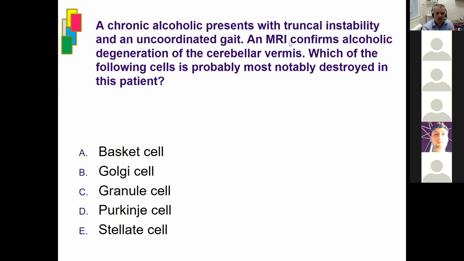MRI, magnetic resonance imaging, tells you there is a degeneration of the vermis part of the cerebellum. Now, which of these cells could probably be destroyed in this patient? And I'm sure you have heard about these cells when we discussed the histology of the cerebellum.